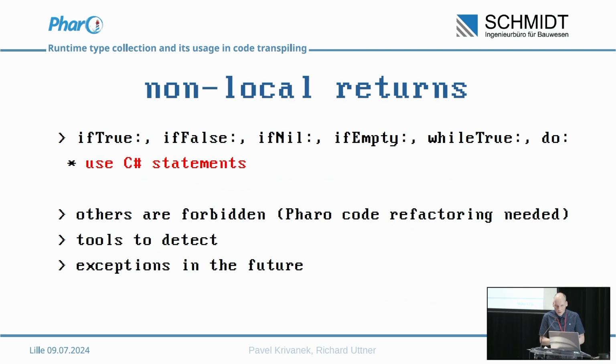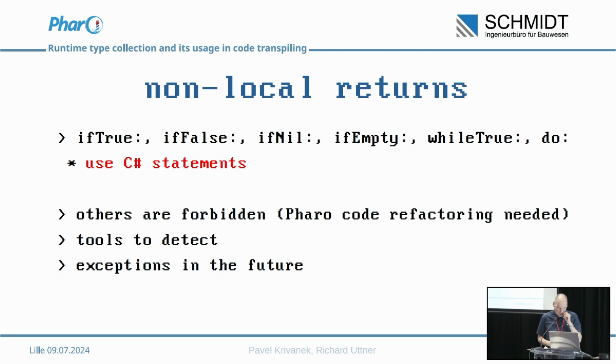For non-local returns, of course, it's a huge problem for C-like syntax languages. We convert messages like ifTrue, ifFalse, and so on to statements. So C# statements, which means that from them you can actually do returns. So it behaves like non-local returns, and we forbid others.